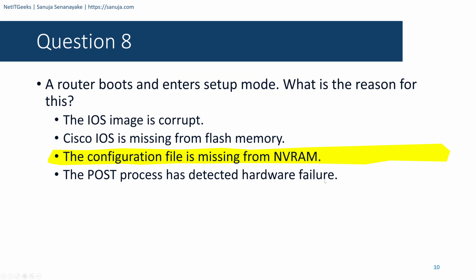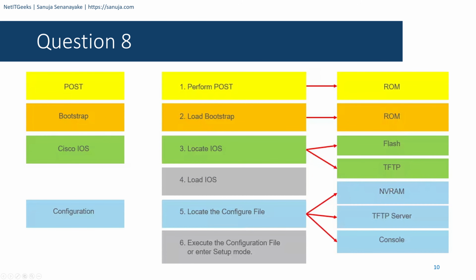Now the question is asking, the router boots and enters into a setup mode. Well, if the configuration file from the NVRAM is missing, it goes back into the setup mode as a result of this.